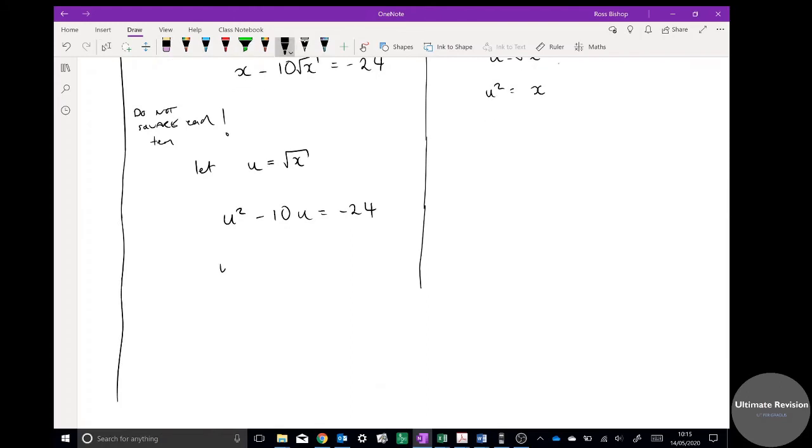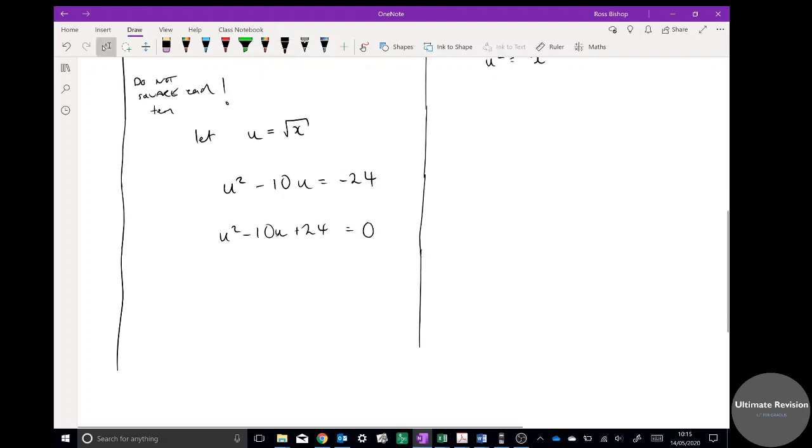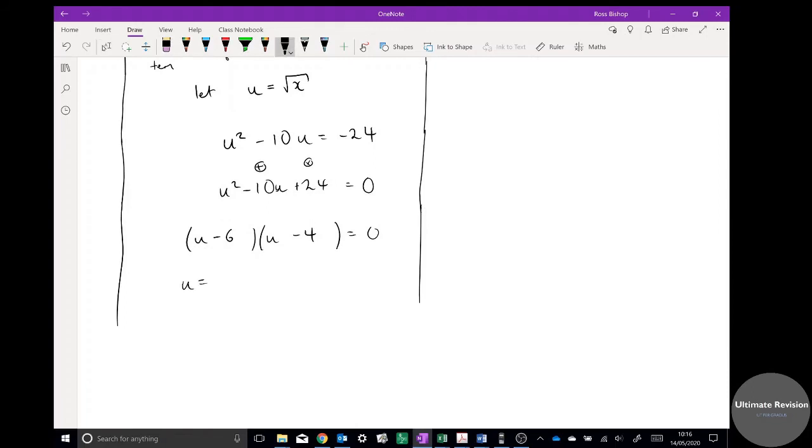I can add 24 to both sides, equals 0. This one will probably factorise again. Most of these will factorise, to be honest. We've got a minus 6 and a minus 4: times to 24, adds to minus 10. So u is going to equal 6, or u is going to equal 4.